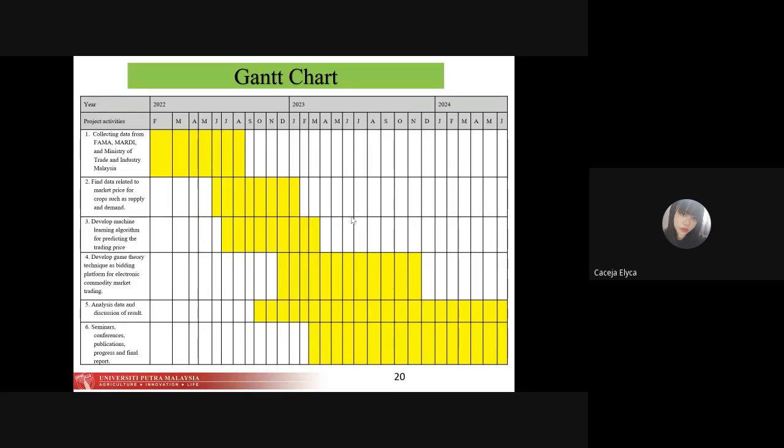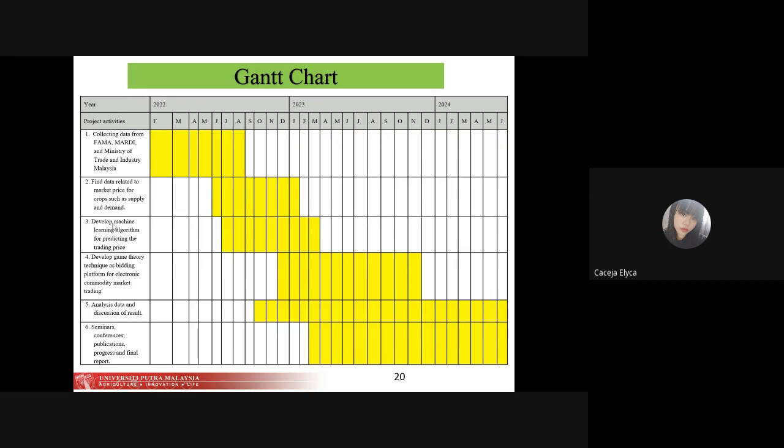They can only give the latex and also the oil palm data set. And the second problem is understanding the game theory technique, because right now I am still learning it.